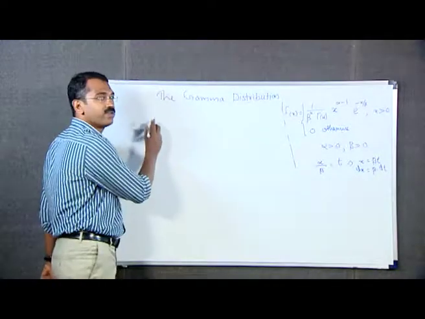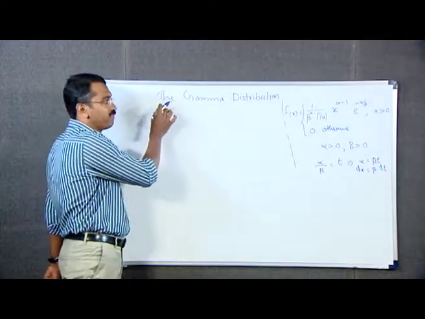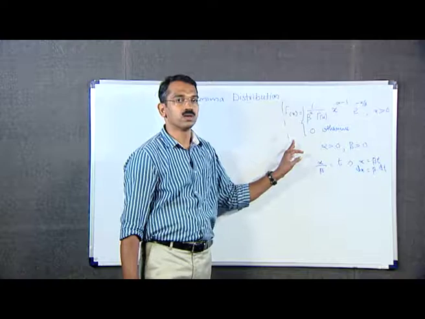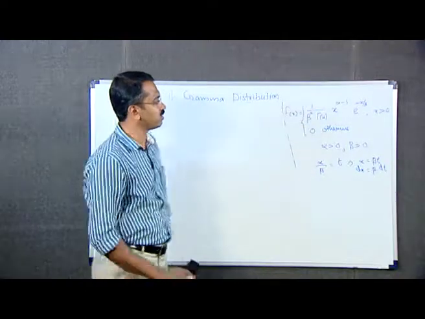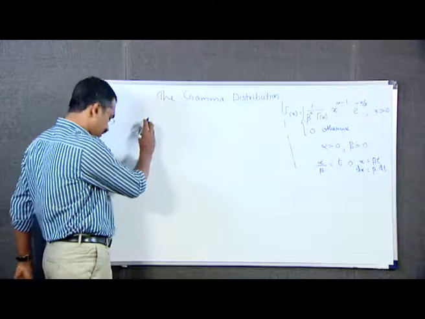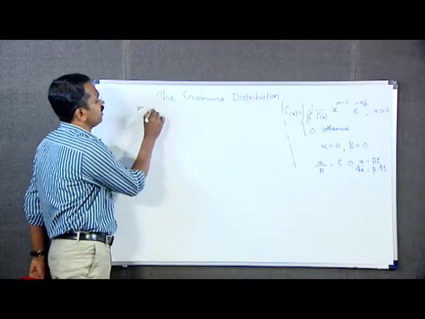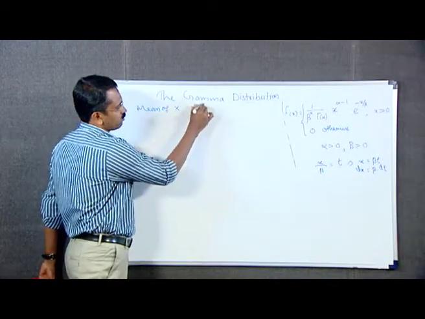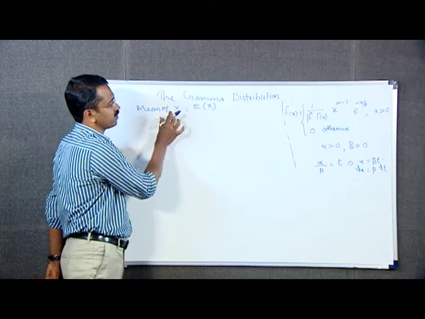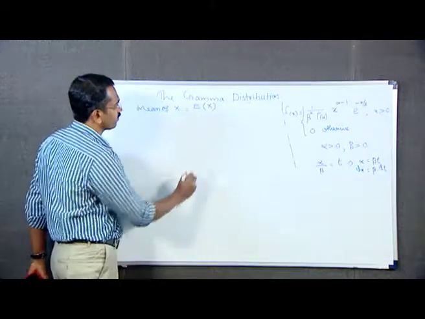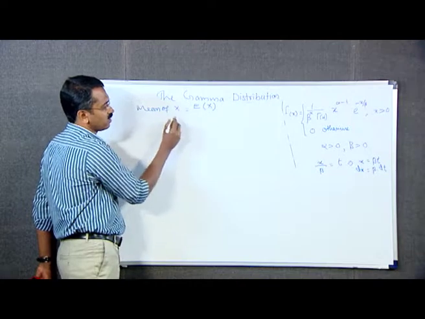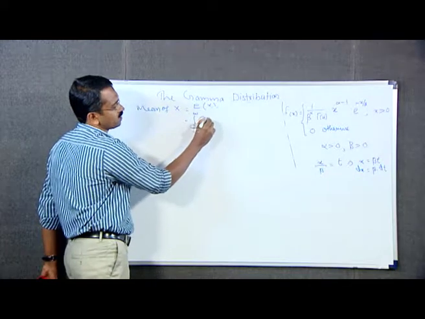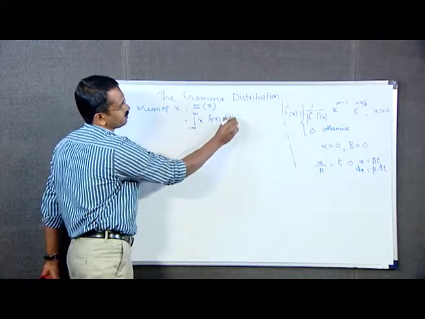Consider a continuous random variable X having the gamma distribution with parameters α and β. Then f(x) is this function, and by definition, the arithmetic mean is simply the mean of X, which is equal to the expectation of X. By the definition of expectation, it is the integral from minus infinity to infinity of x f(x) dx.